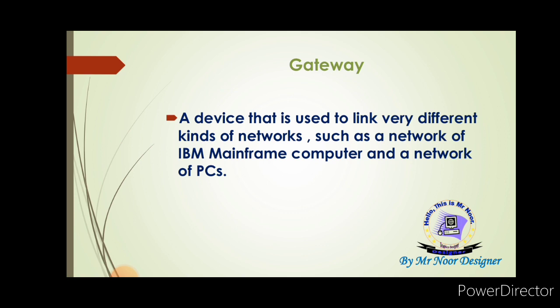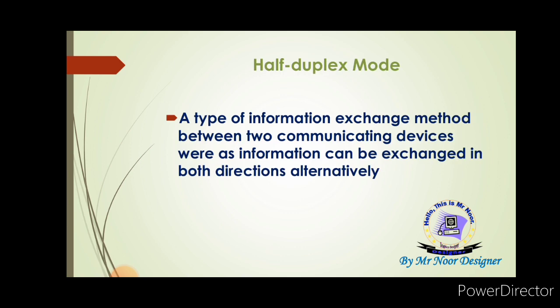A device that is used to link very different kinds of networks such as a network of IBM mainframe computers and a network of PCs. Half duplex mode. A type of information exchange method between two communicating devices where information can be exchanged in both directions alternately.